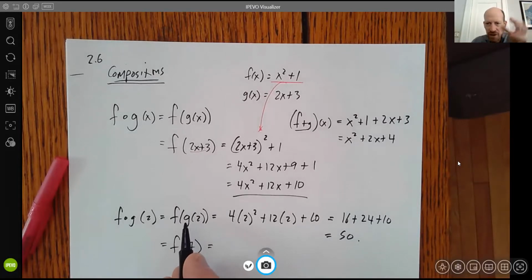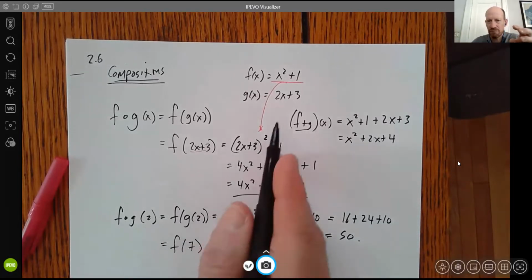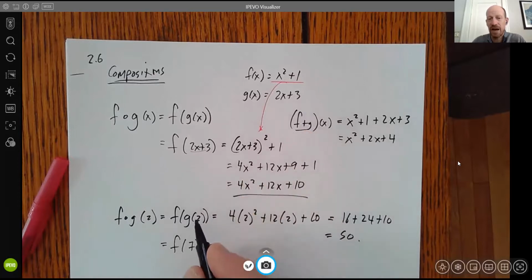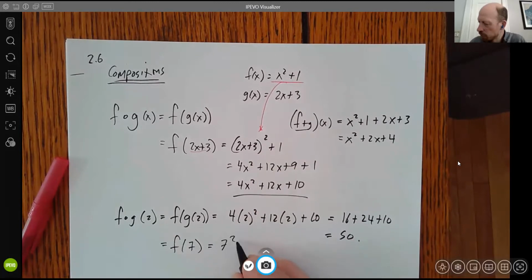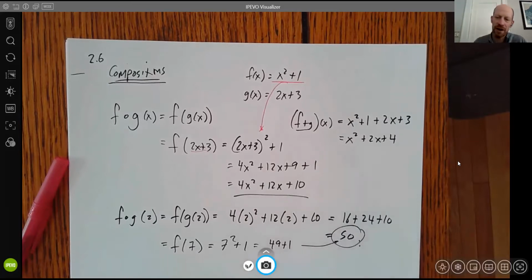The g does whatever it does to it, and it spits out an output. That output is then what f takes as its input. So f is this other formula, 7 squared plus 1, which we can see is also 50, right? Either one of those had better give us the same result. They are the same process.